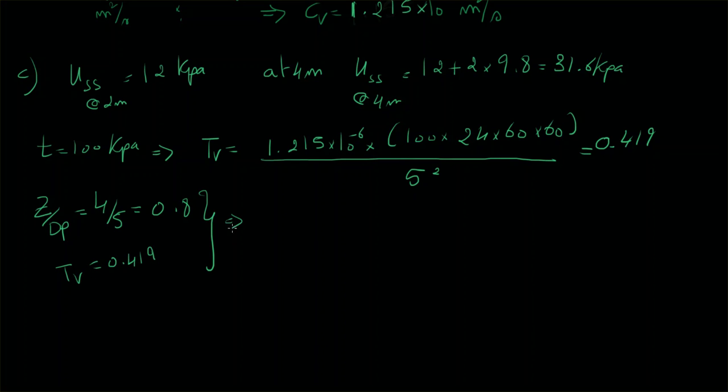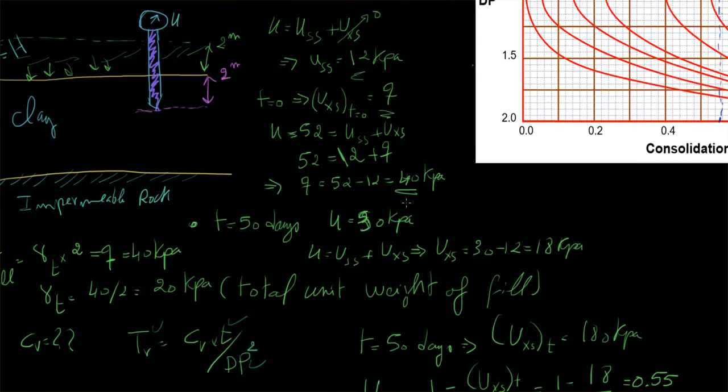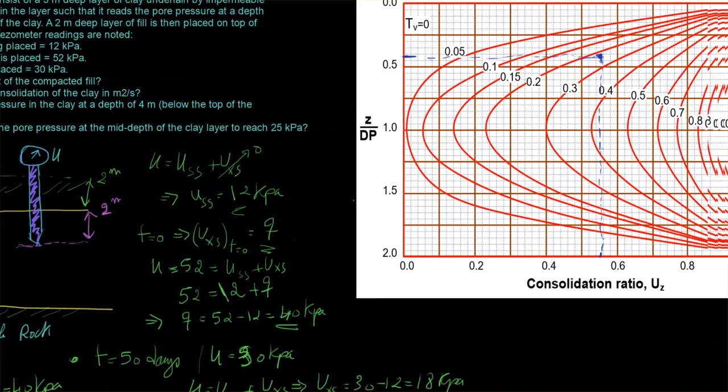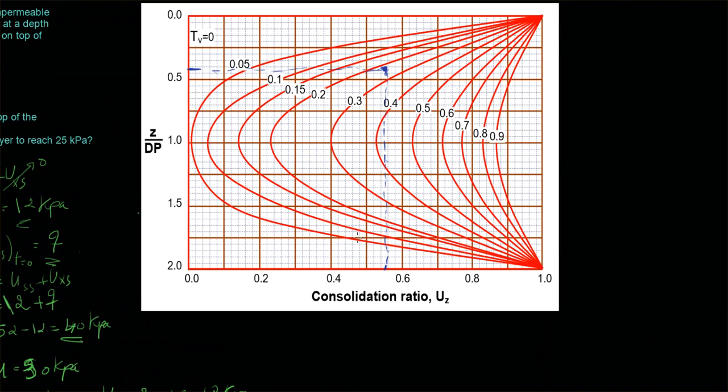So I can use the isochrones to find my U, the rate of consolidation. So let's check that out. So Z over dP was 0.8, which is somewhere here. And then my TV was 0.41, so somewhere here, right?